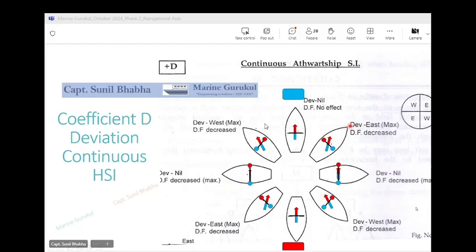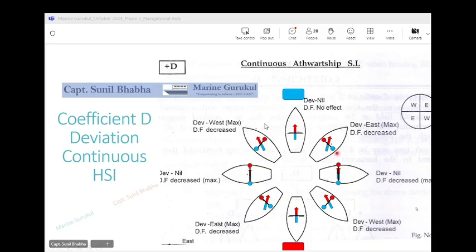So maximum deviation is caused on the northeasterly heading, and zero deviation is caused on northerly heading as well as easterly heading. Now you can appreciate here the deviation is proportional to sine of twice the compass course. When the heading is 0, 2 into 0 is 0, sine of 0 is 0, therefore 0 deviation.